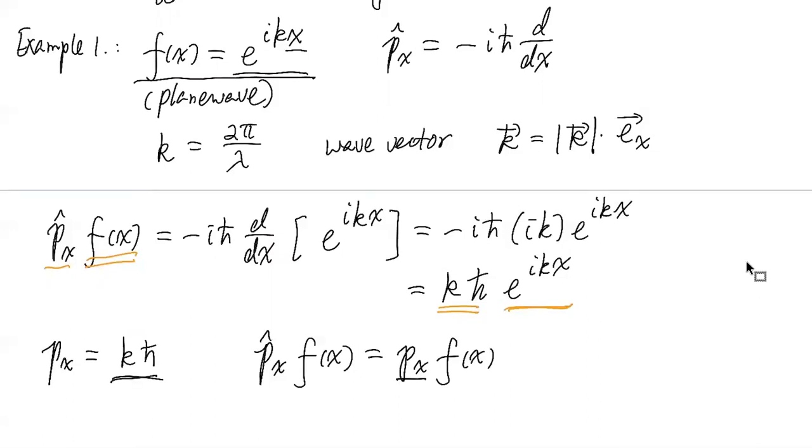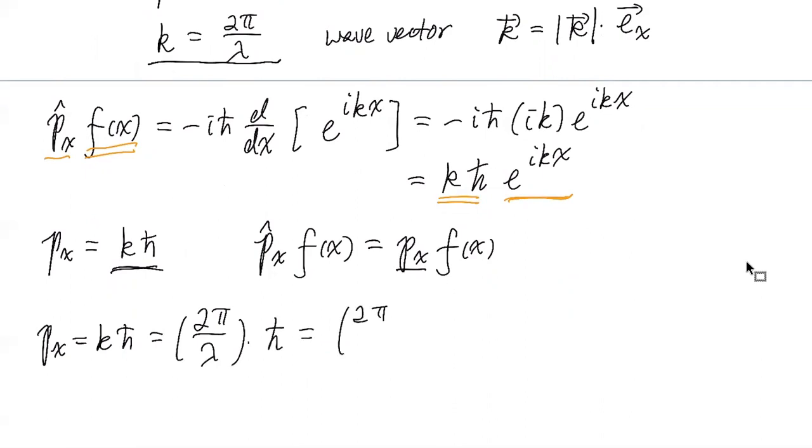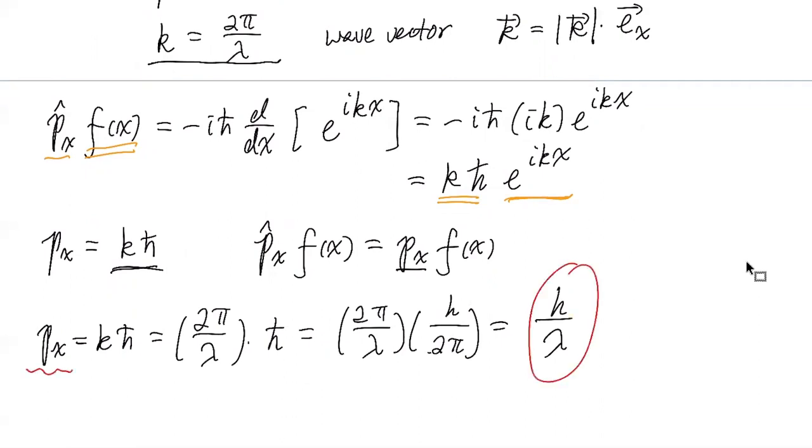And because k is equal to 2π over λ, we know px is k times ħ, k is 2π over λ times ħ. And ħ is, again, the original Planck constant divided by 2π, we get h over λ. The momentum is equal to h over λ, right?